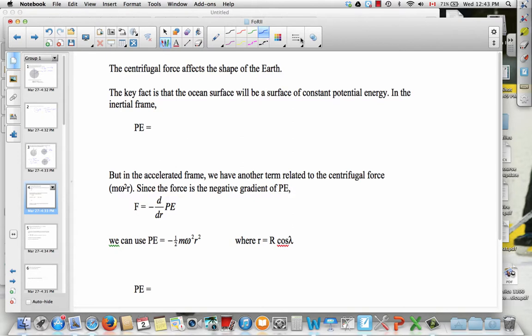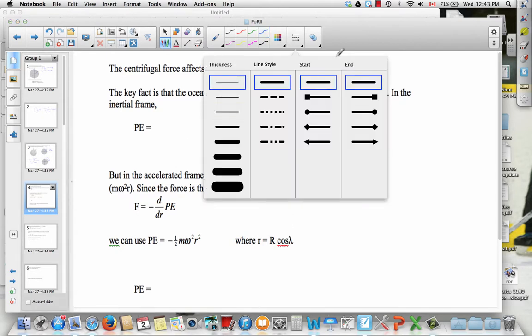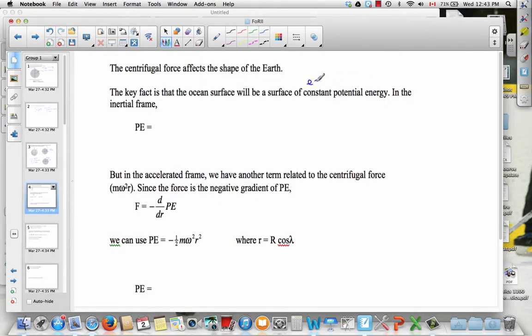And the reason that we're looking for an equipotential surface is, if you didn't have equal potential energy over the whole surface, say if the potential energy was a little higher at one point relative to the other, then there would be a force there, and there would be a tendency for the higher potential energy bit of matter to flow towards the lower potential energy bit of matter, because we've seen that force is a gradient of potential energy.